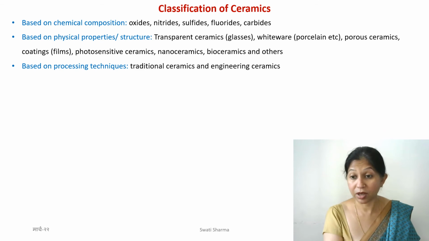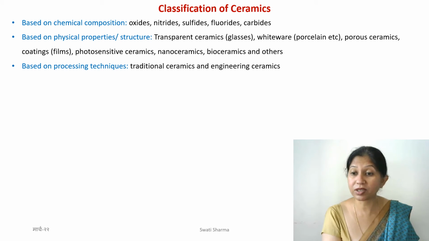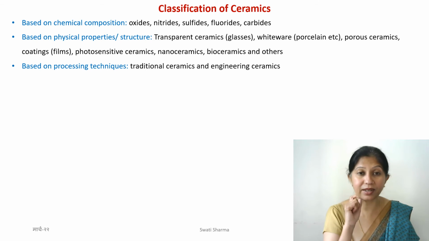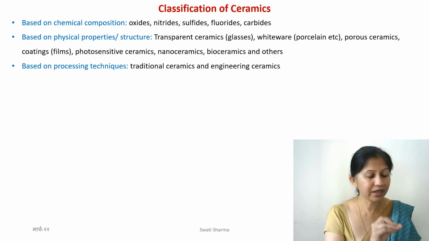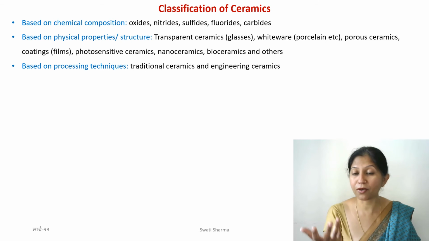What are the others? So there are more. Chemical composition, physical properties, and then processing techniques. Processing techniques we are going to learn. There are certain techniques that are traditional because, let's say, clay has been there for a very long time. People have been making pottery and so on.